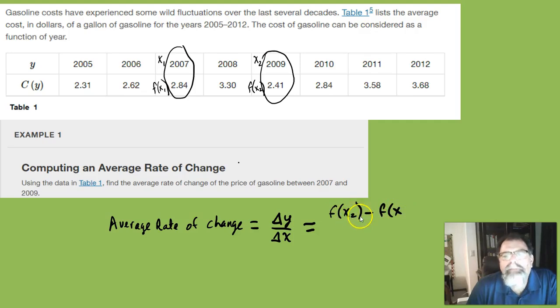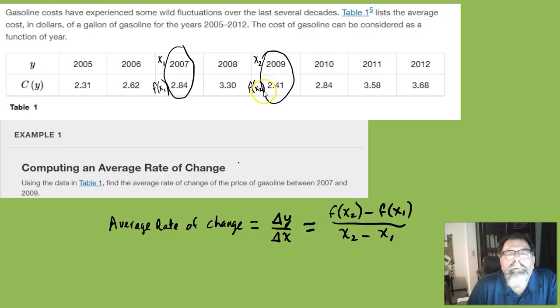You can use y sub 2, y sub 1 also, either way, over x sub 2 minus x sub 1. I labeled this as my x and this as my y, even though this says y and C of y, I know that can be confusing. Anyway, we're going to take the output values and subtract them.